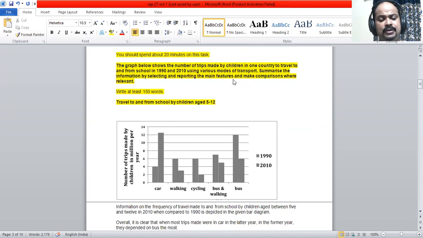So information on the number of trips made by children between 5 and 12.